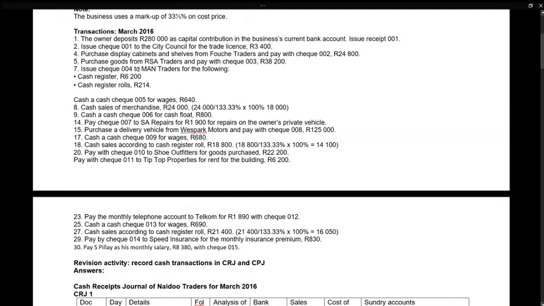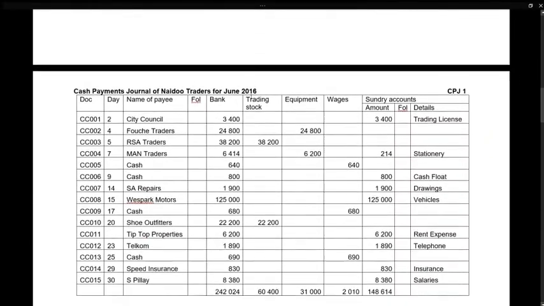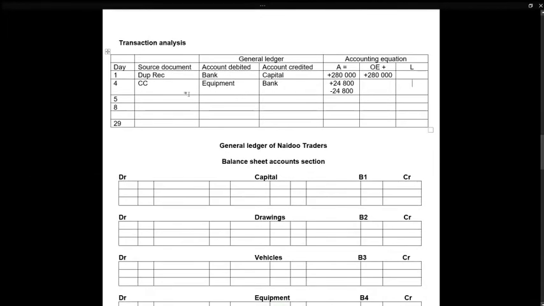Purchase goods from RSA traders and pay with check 003, 38,200 Rand. Let's go and fill that in quickly. Right, on the 5th, source document will be my check counterfoil. My trading stock will be debited. Trading stock is classified as an asset, therefore my assets will increase with that amount, which was 38,200 Rand.